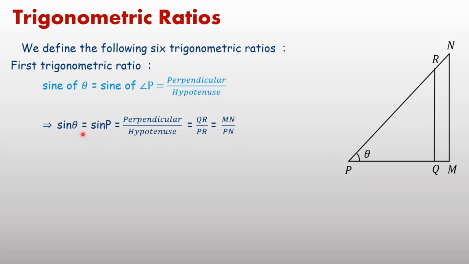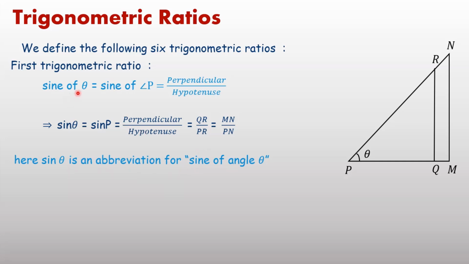Therefore, sin theta or sin P is perpendicular upon hypotenuse. For angle theta, perpendicular is QR in the first triangle, and in the second triangle perpendicular is MN. In the denominator, hypotenuse is PR in the first triangle, so QR upon PR, which we can also write as MN upon PN. Remember this, sin theta is the abbreviation for sine of angle theta.